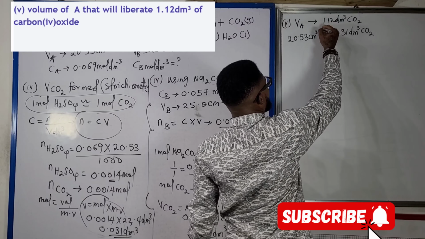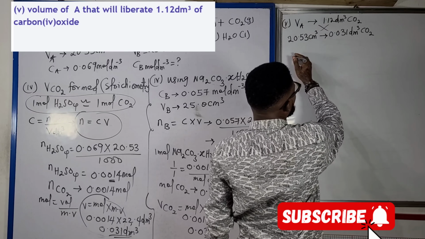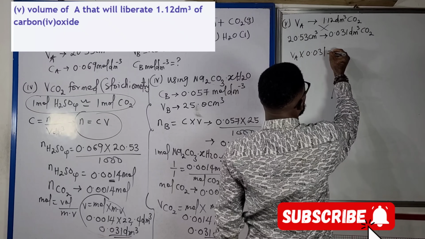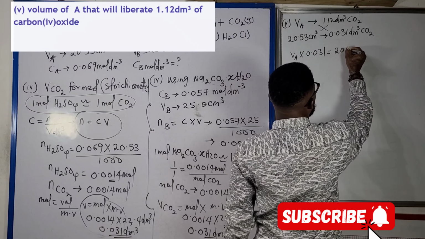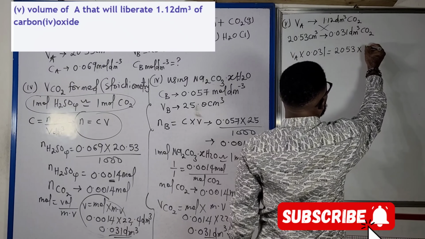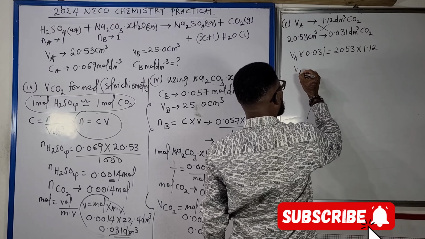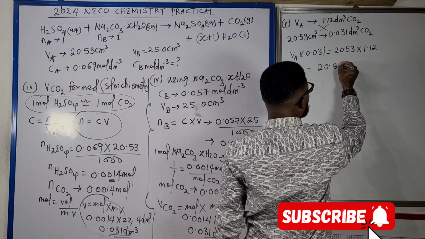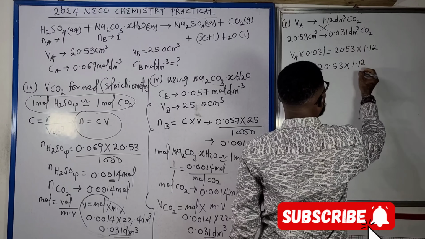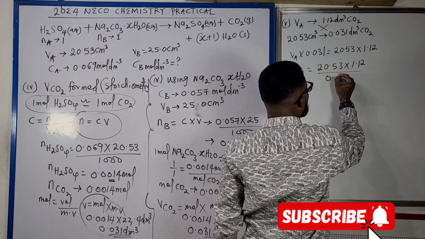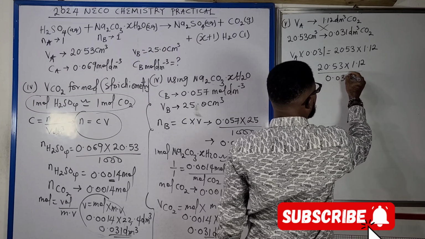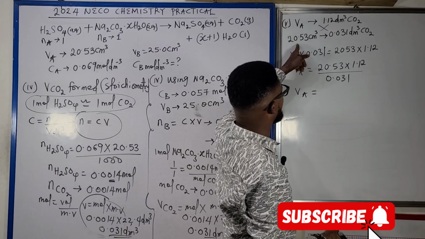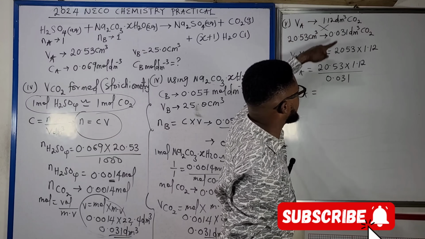So if we cross multiply this, if we equate this, what we have is that VA times 0.031 equals 20.53 times 1.12. So the volume of the acid that will liberate 1.12 dm cube of carbon dioxide is going to be, if we compute from our calculator, this times this, and then this moves here.